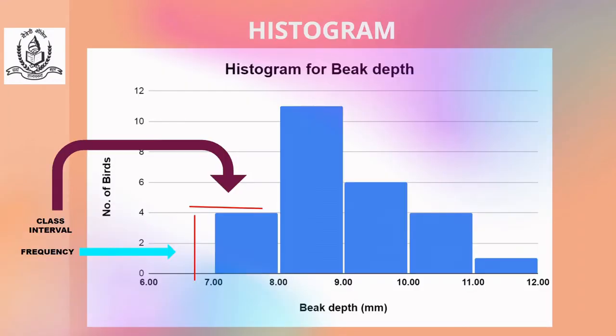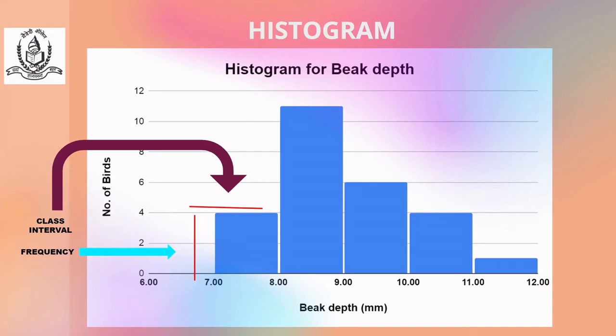Let's plot a histogram. This graph has been plotted using Google Sheets. Here we can clearly see that both the class interval as well as the frequency are reflected in the height as well as in the width of the rectangles for each class.